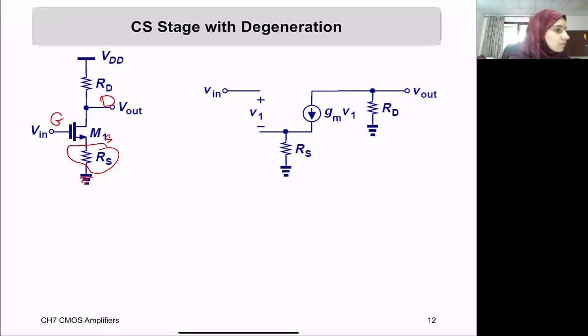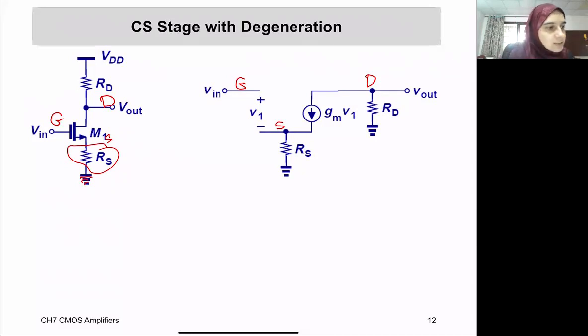Okay, so the small signal model is given here. Vin is applied at the gate. The source has RS down to ground, and this is the drain side of the transistor, and we can have RD. In the simplest case, we are using RD, but you can still replace any load with this RD using a transistor, either from the drain side or from the source side of that transistor.